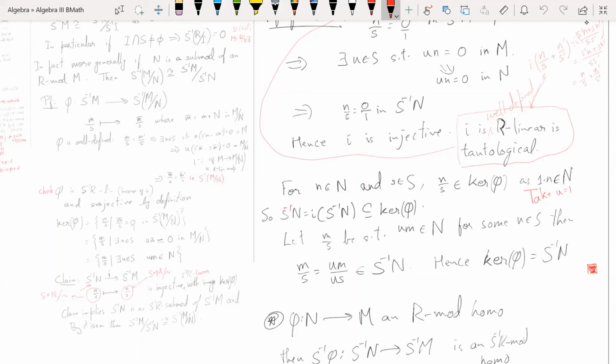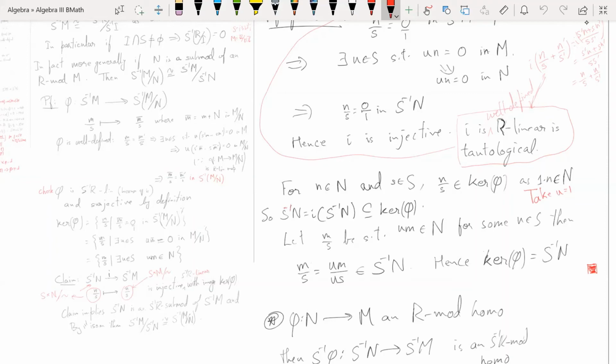Now conversely, we have to show that if we take something in the kernel of phi, then it is of the form n over s for some n in N and s in S. So let m over s be such that u times m belongs to N for some u in S. That is what an element of the kernel of phi looks like.